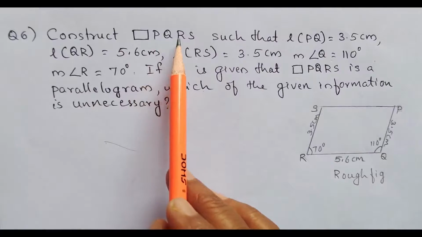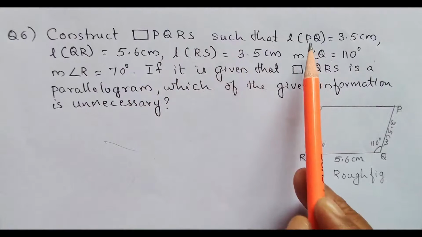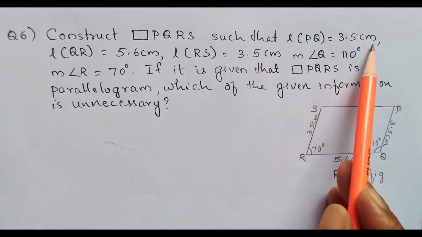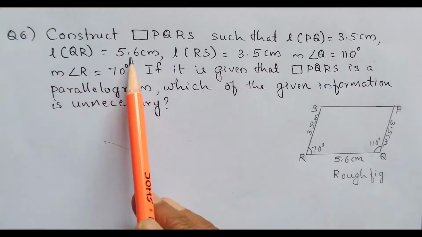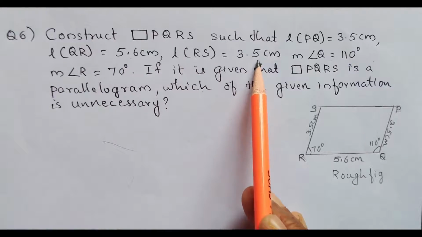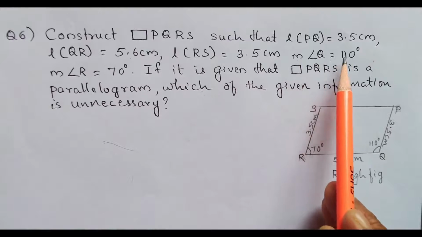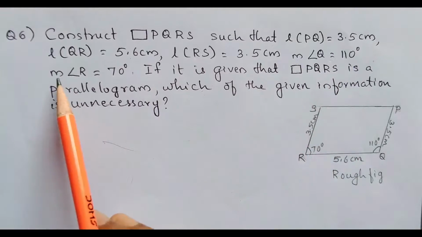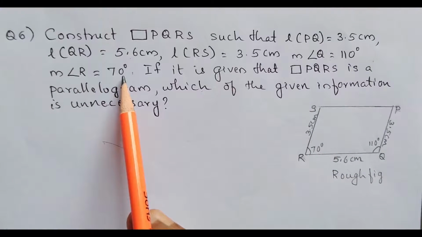Construct quadrilateral PQRS such that length PQ is 3.5 centimeters, length QR is 5.6 centimeters, length RS is 3.5 centimeters, measure angle Q is 110 degrees and measure angle R is 70 degrees.